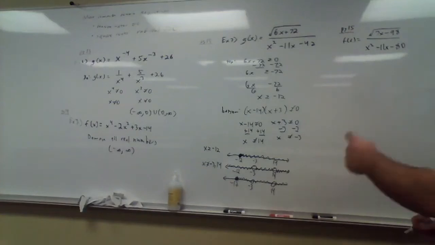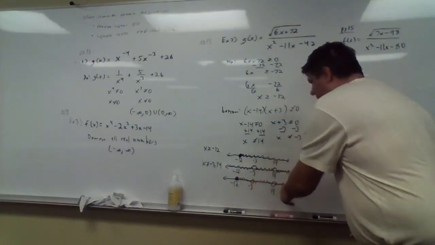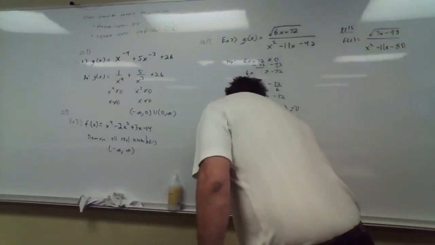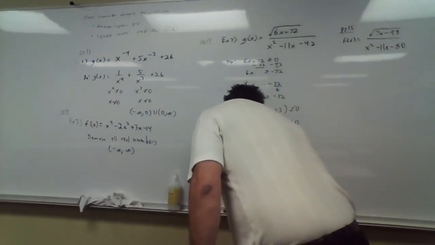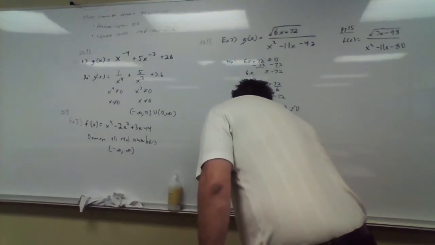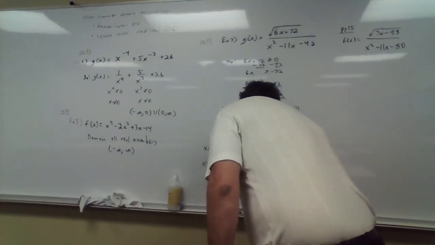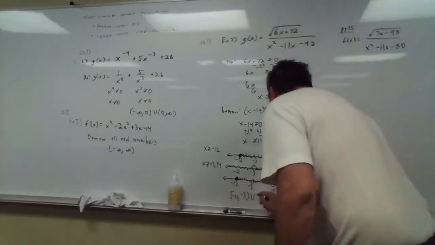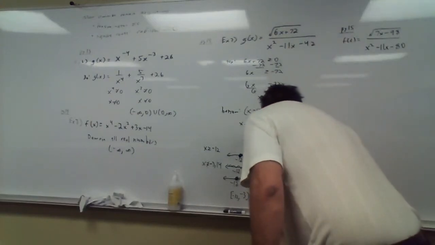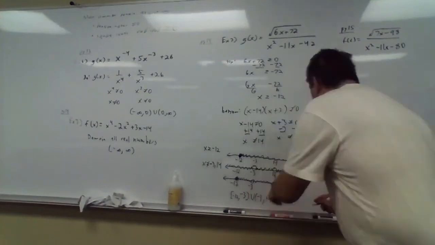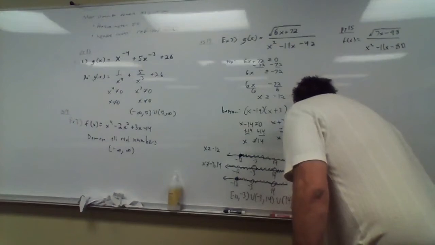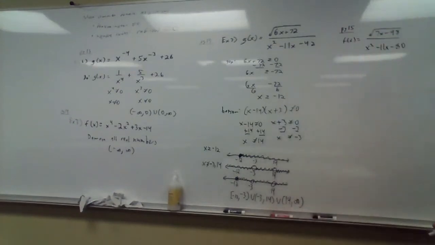So now I have 1, 2, 3 regions to describe. Okay? So that's going to be closed off for the negative 12, because it's or equal to, negative 3 non-inclusive. Union. Negative 3 to 14, non-inclusive. Union. 14 to infinity, non-inclusive. Okay?